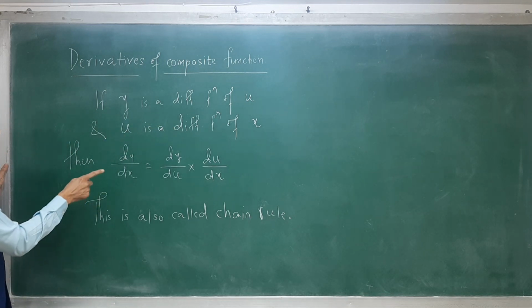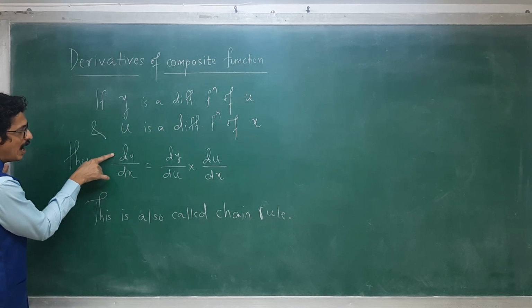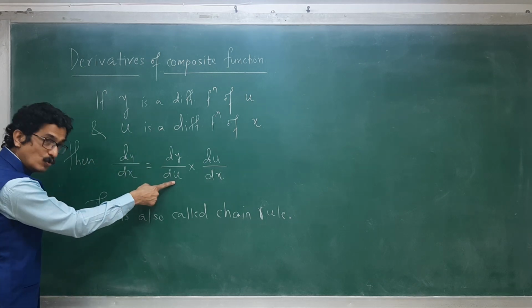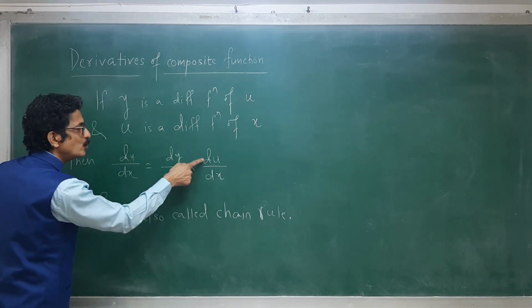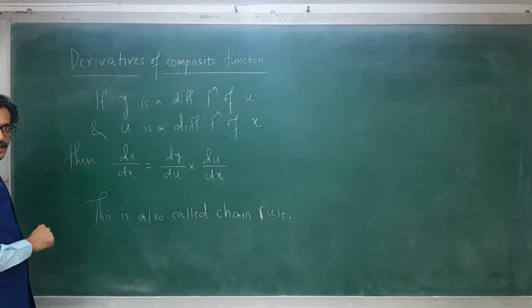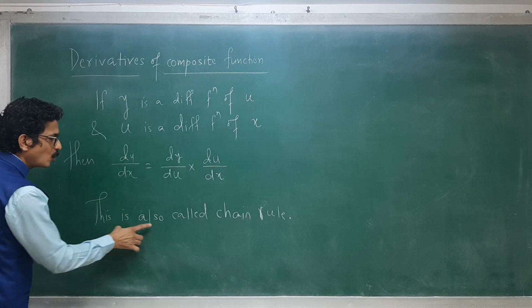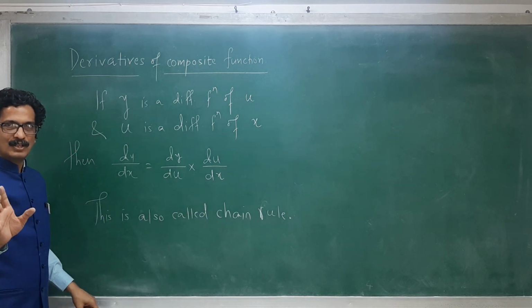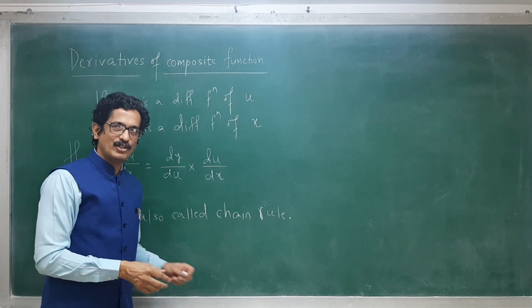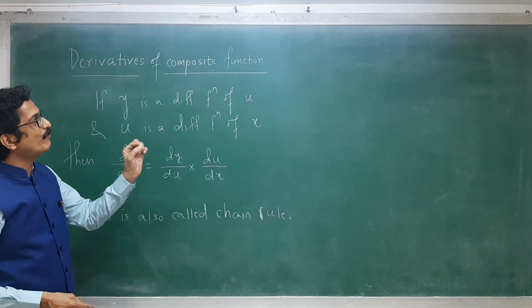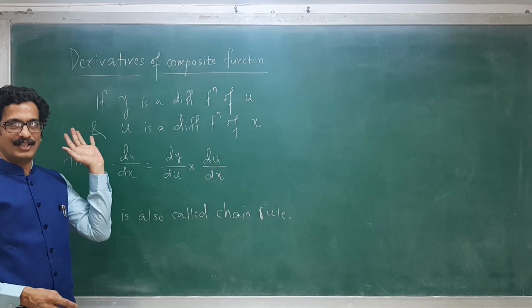So when you are differentiating y with respect to x, you have to differentiate y with respect to u first and then u with respect to x. So this becomes a chain, and therefore this is also called the chain rule. The derivative of a composite function is nothing but finding the derivative of each and every function involved in it.